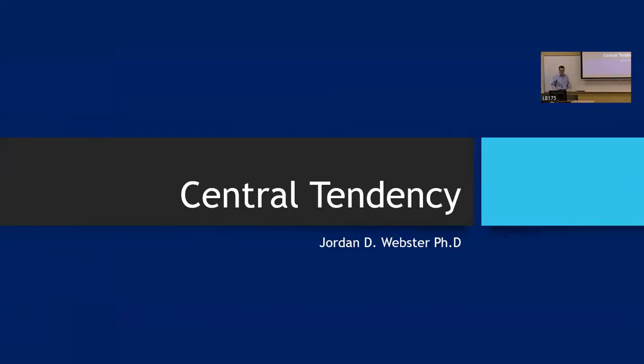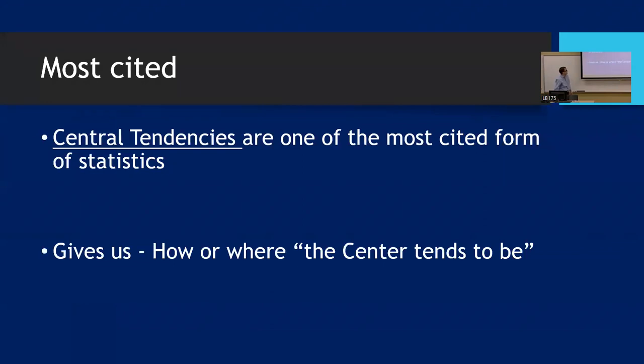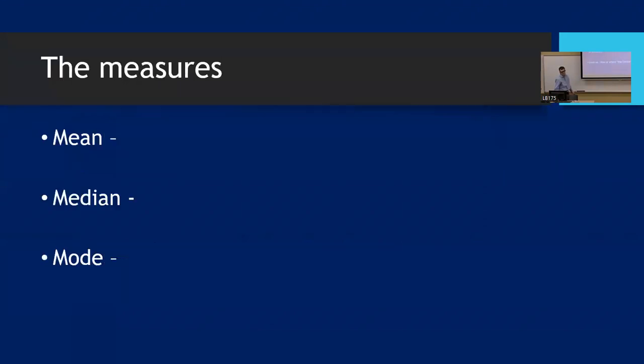So last time, we calculated central tendencies. And there are more central tendencies than just these three. There are other measures of the center of a set, but these three are probably the most often cited measures of central tendency: the mean, the median, and the mode.